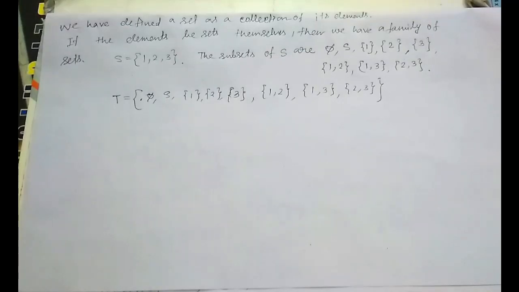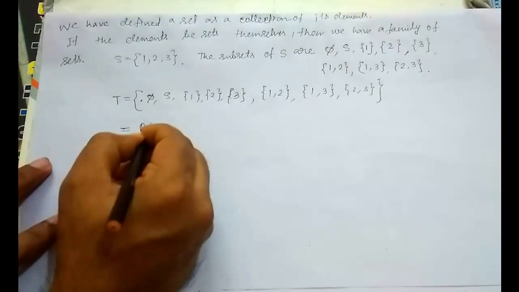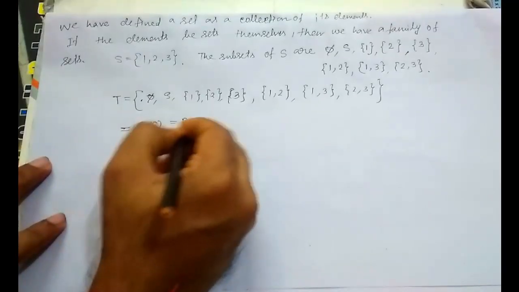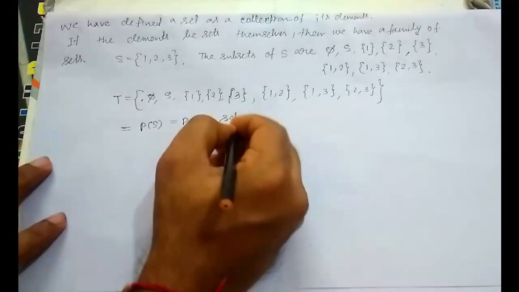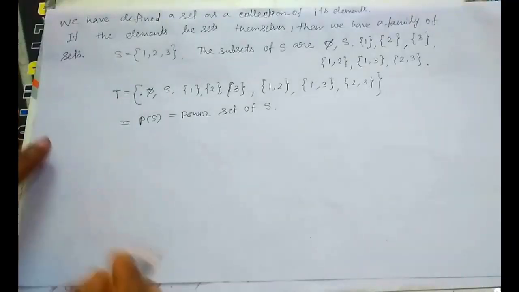And if we collect all of the subsets of S, and then we are making a set T, then this set is called the power set of S, and this is denoted by P of S, the power set of S.